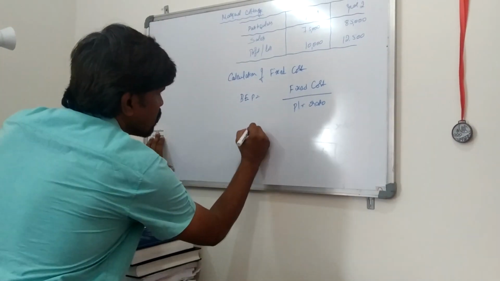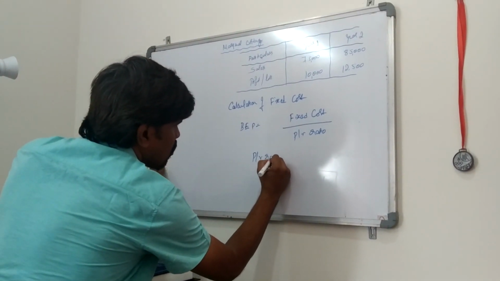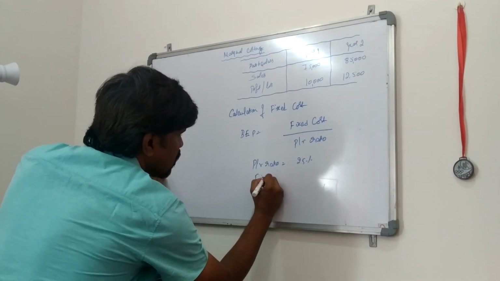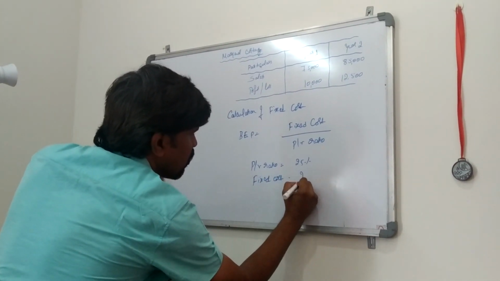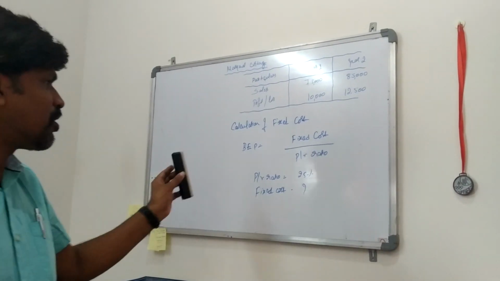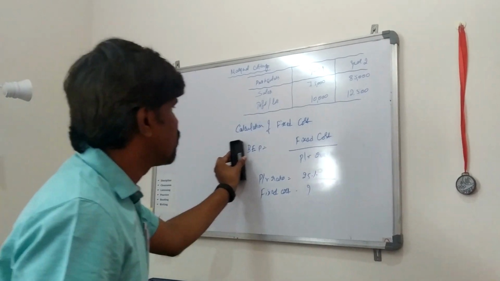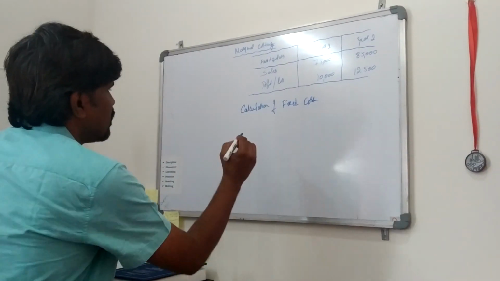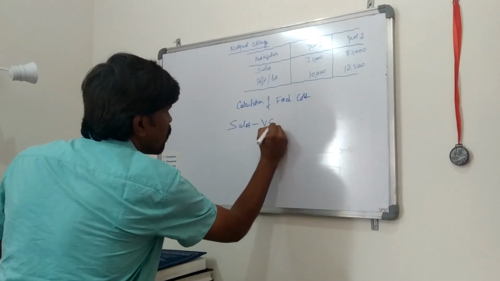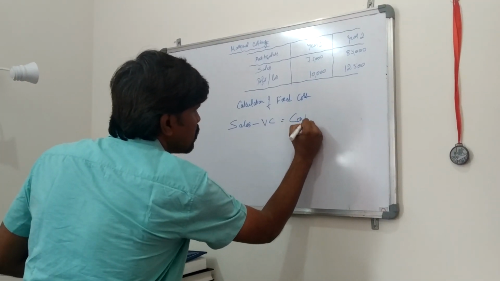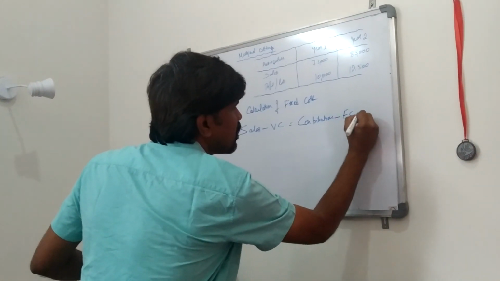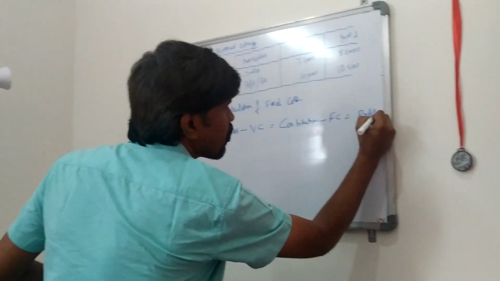We know the PV ratio, that is 25%, but the fixed cost we have to calculate. For the calculation of fixed cost, we use the formula: sales minus variable cost is equal to contribution, minus fixed cost is equal to profit.